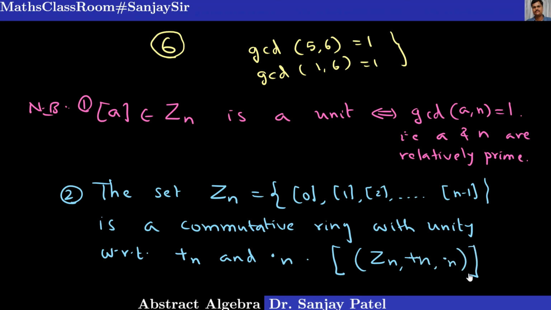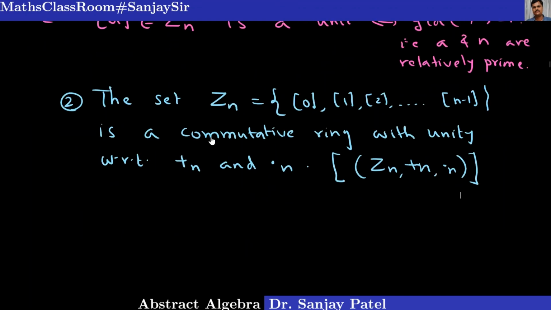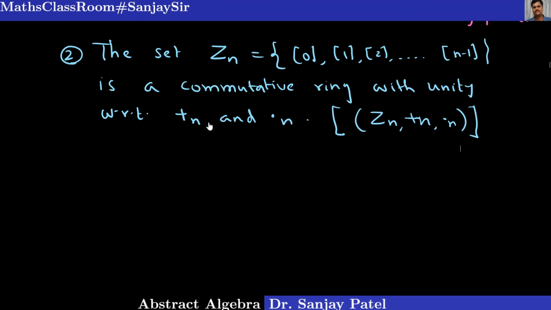So this is a very, very important example of a ring throughout our ring theory lecture series. Okay, so this can be proved mathematically in a general form, but that is not of our interest right now. You can try on your own using some basic results of number theory and the definition of equivalence classes and their properties. This can be done.